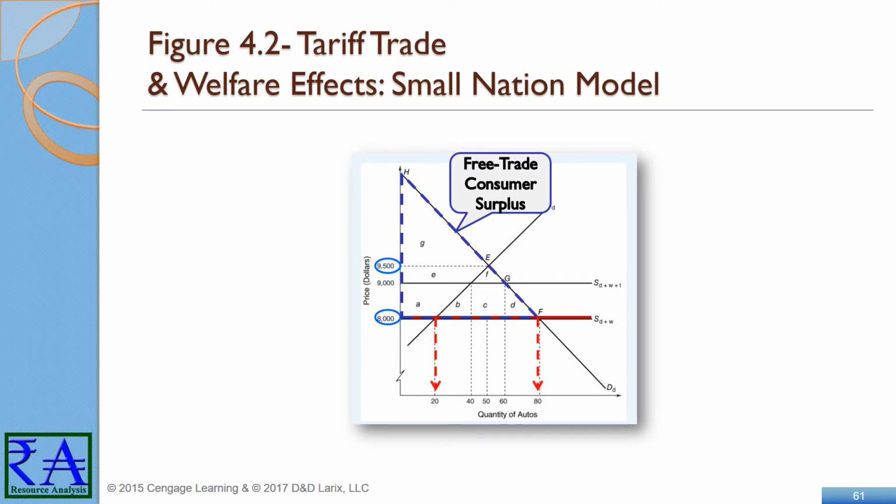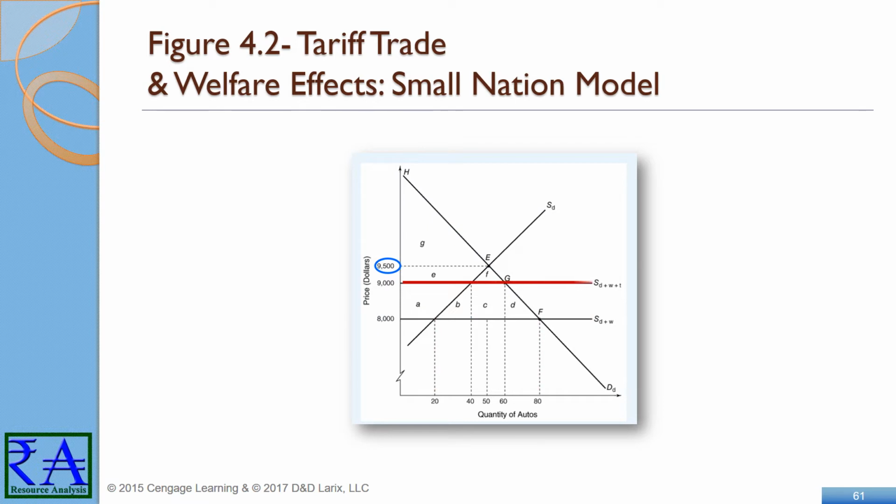The nation's political leadership may impose a protective tariff of $1,000 on automobile imports, increasing its domestic price to $9,000. This brings the demand down to 60 automobiles total, with 40 produced locally and 20 from foreign sources.